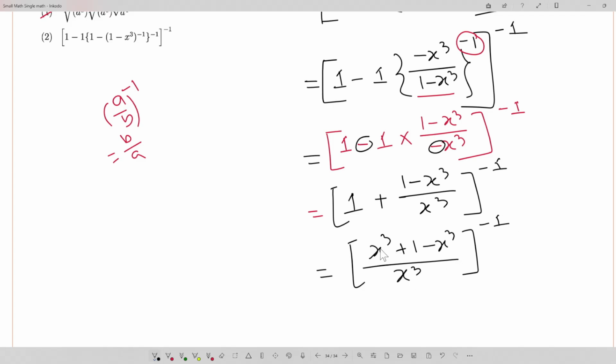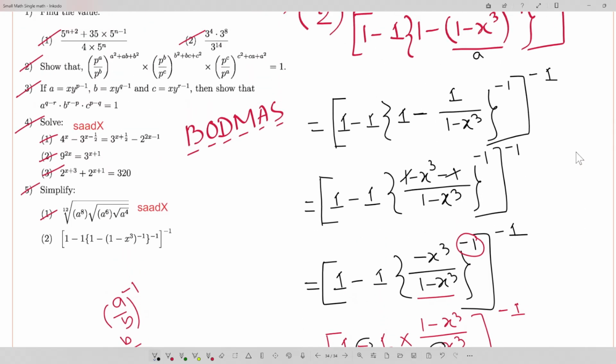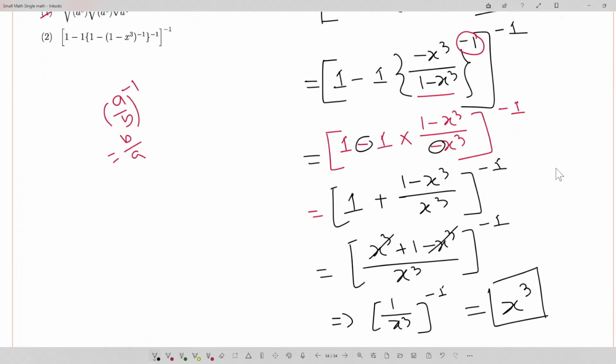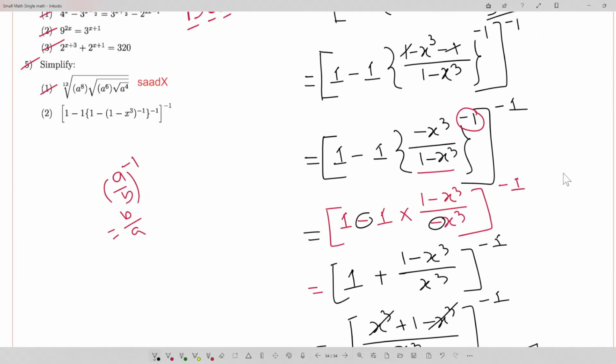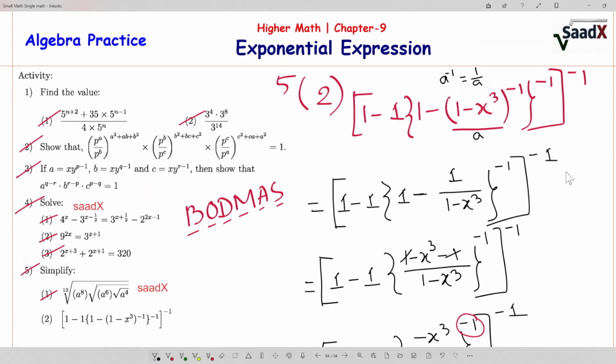So this x cube and minus x cube will be out, so it will be 1 by x cube to the power, so this is the third bracket, so the third bracket closes, to the power minus 1, and finally our answer: this 1 by x cube will be flipped, so our right answer is x cube.